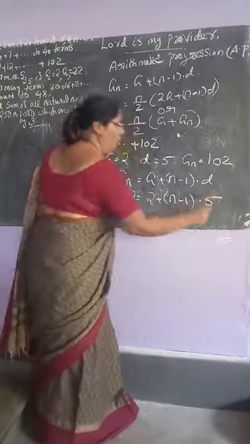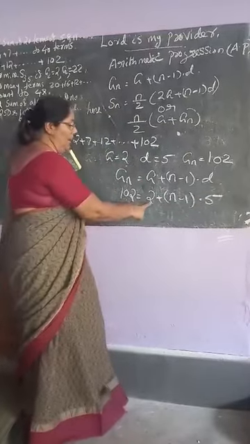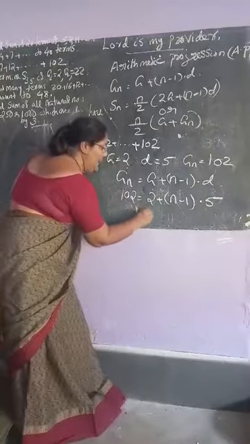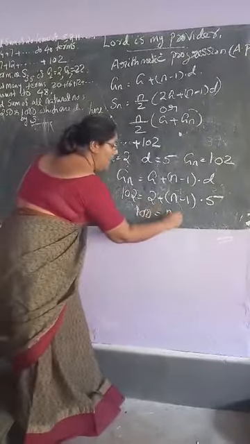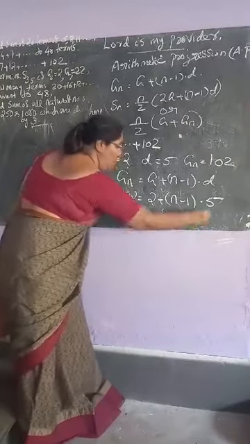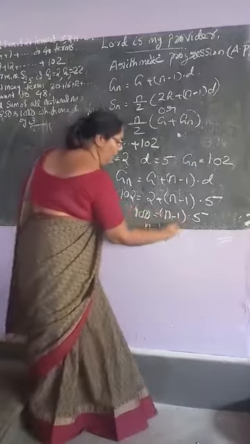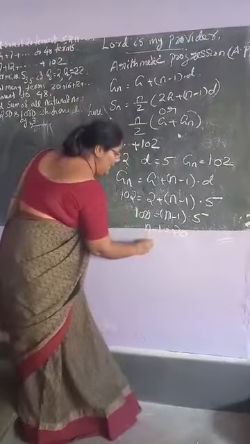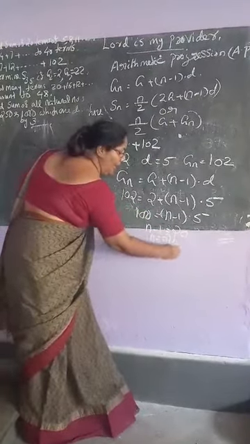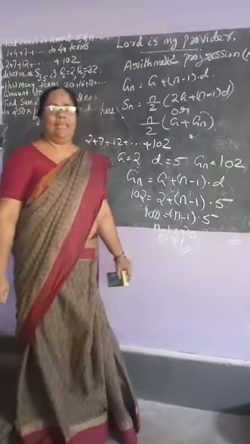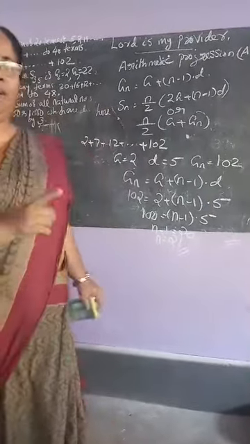D is 5. 102 minus 2 is 100, is equal to n minus 1 into 5, or n minus 1 is equal to 100 by 5, 20, or n is equal to 21. Understand? N is equal to 21.